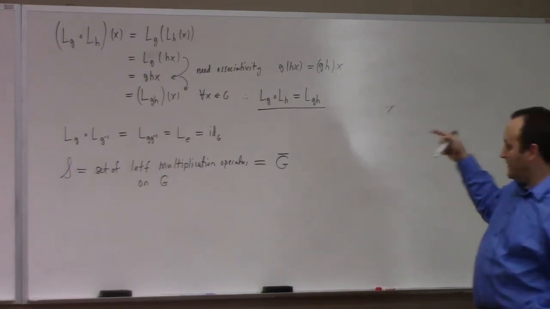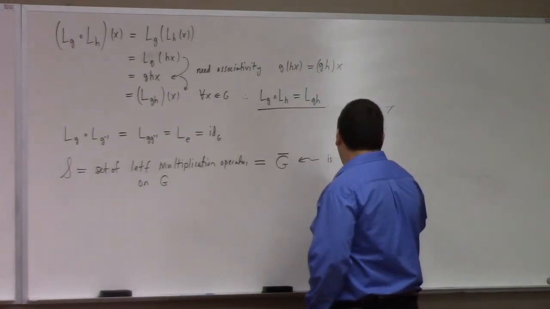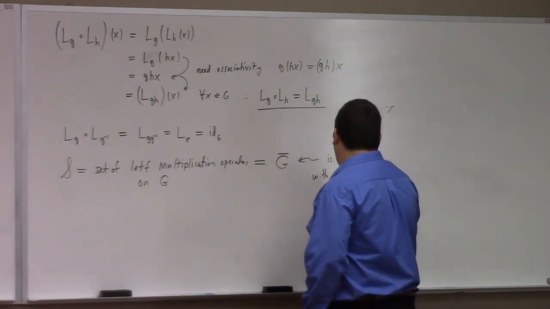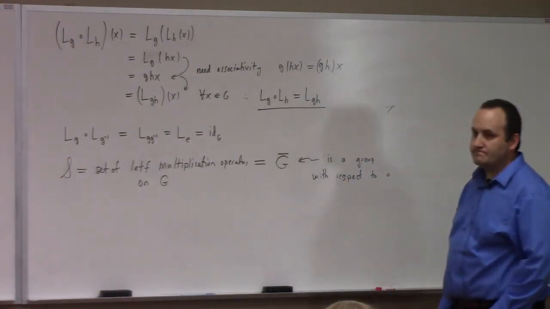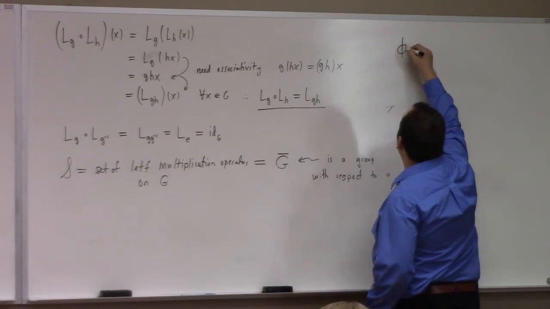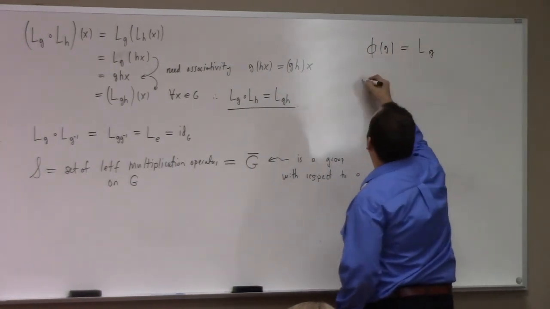In other words, this is a group with respect to composition. And if you look at this, if I say phi of g equals L sub g, and you check it out.